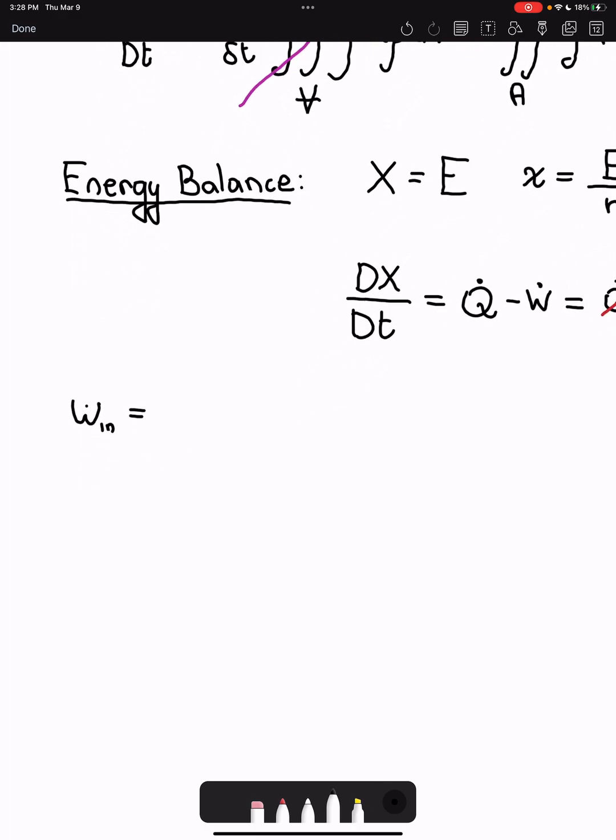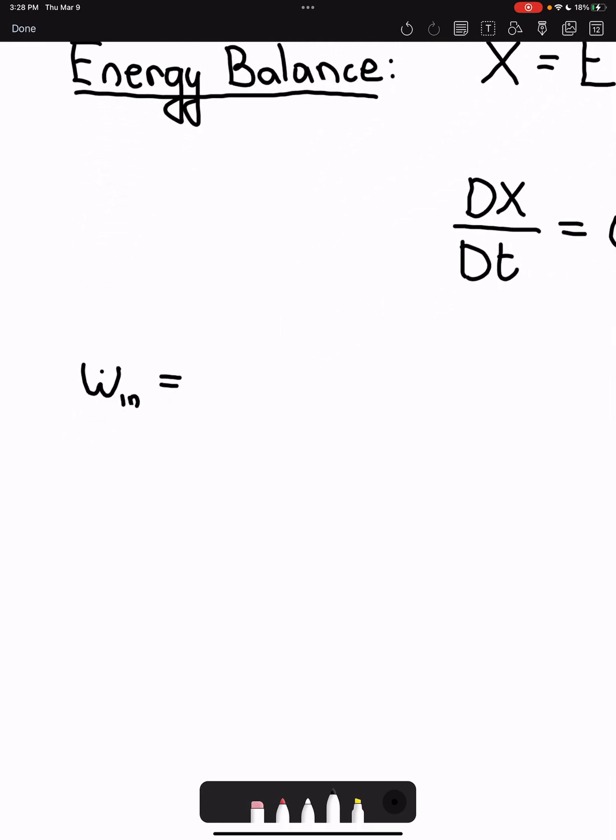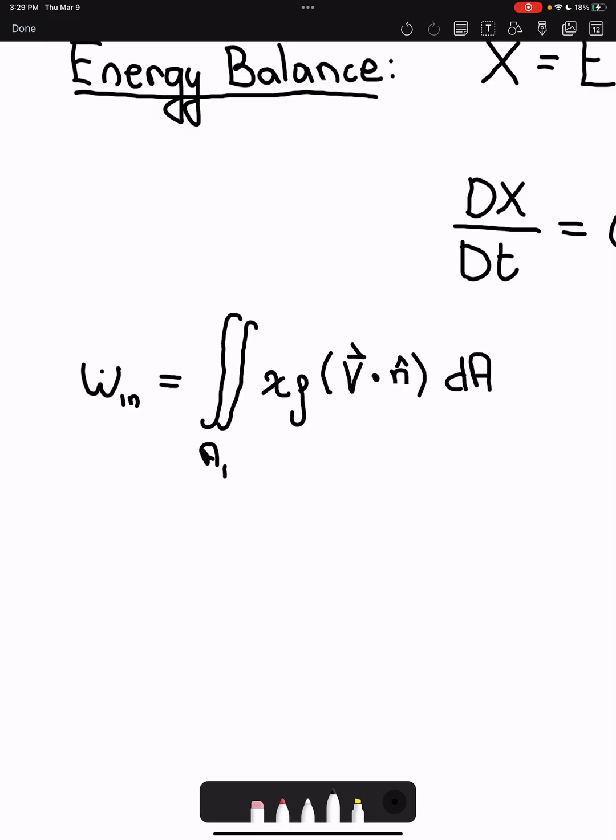Well, I'm going to rewrite that integral as the integral on area 1 of x times rho times the v dot times n, closing that, times dA. And this is going to be 1.